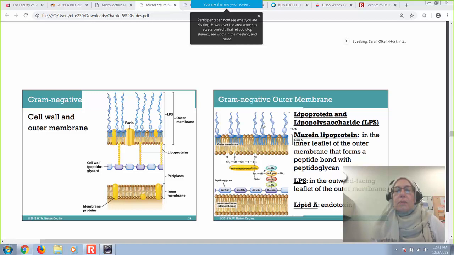And it's that lipopolysaccharide, or this outer membrane first, that gives the gram-negatives this special feature of having a semi-permeable outer layer.